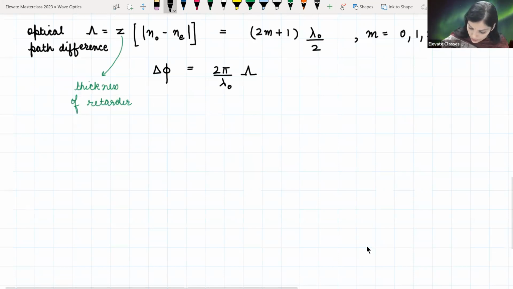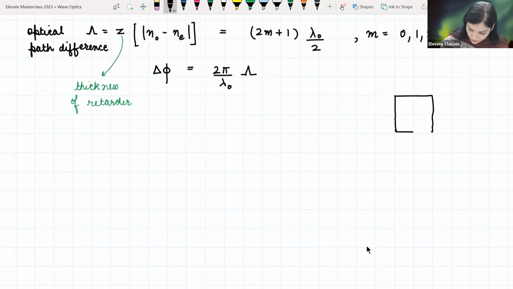So if this is my retarder, I'm saying that this is my optic axis, parallel to the plane of incidence on this retarder, and my beam is falling something like this.